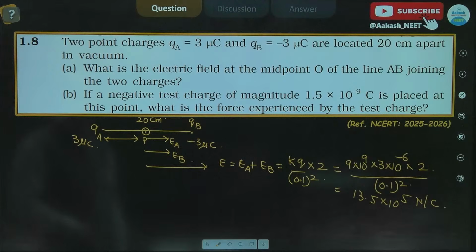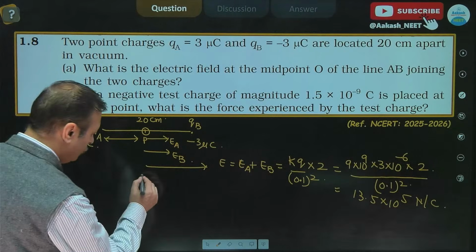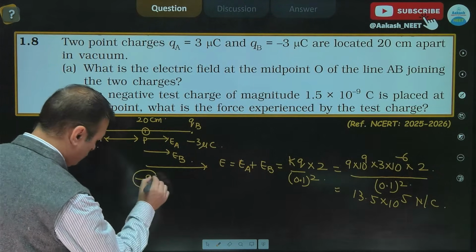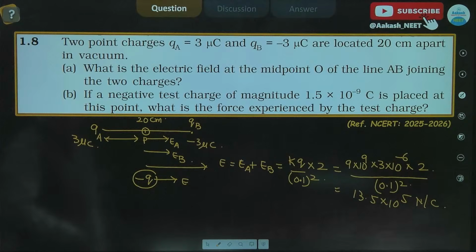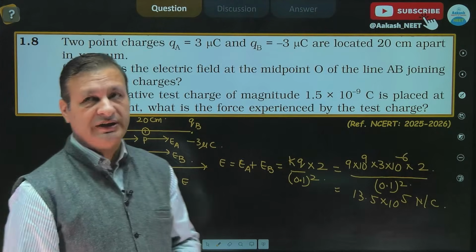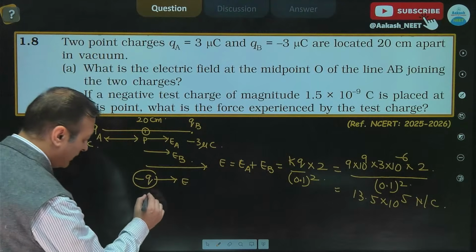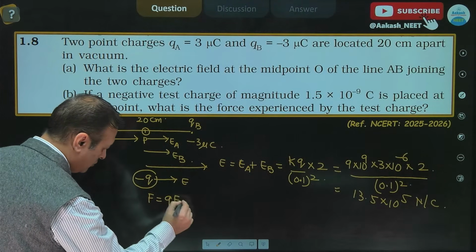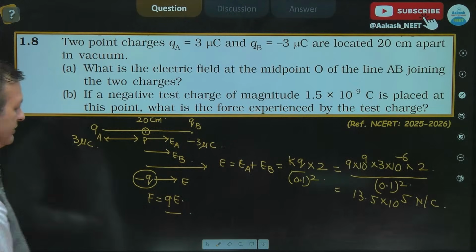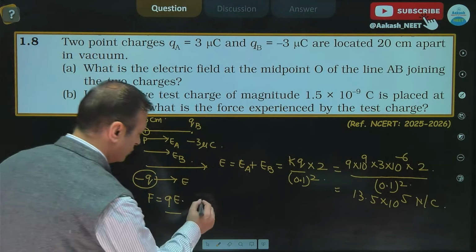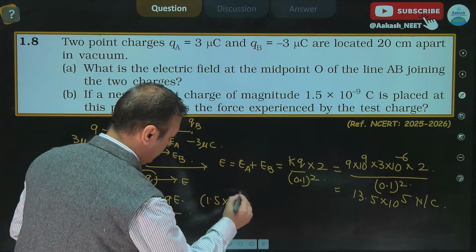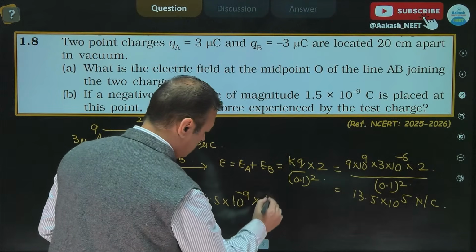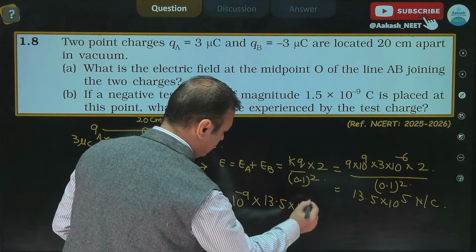Now, if a negative test charge is placed at this point, what is the force? Now you place a test charge minus Q, and the electric field is in this direction. We know force per unit test charge is electric field. So the magnitude of force would be Q times E. What is this negative charge? This is 1.5 into 10 to the power minus 9 multiplied by 13.5 multiplied by 10 to the power 5.